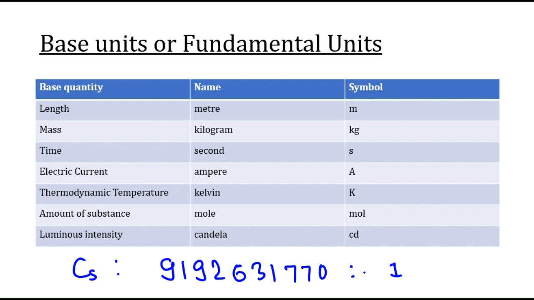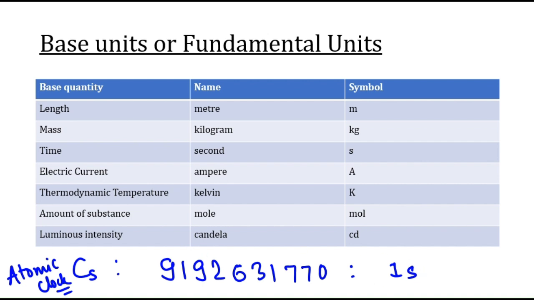For a moment, let's take that there is some kind of atomic activity happening in the cesium atom, and the frequency of that activity has been fixed. The time in which this many vibrations are completed, we call that time 1 second. Based on this, we have the most precise clock till date, which we call the atomic clock.